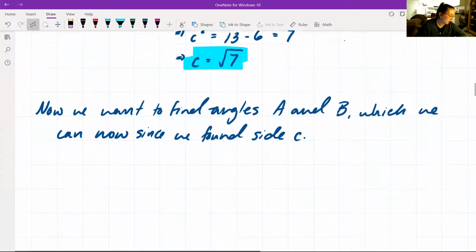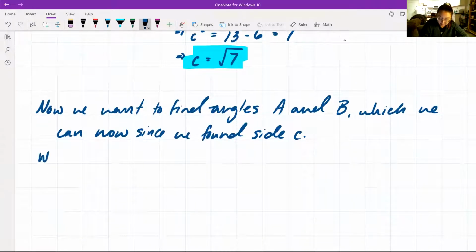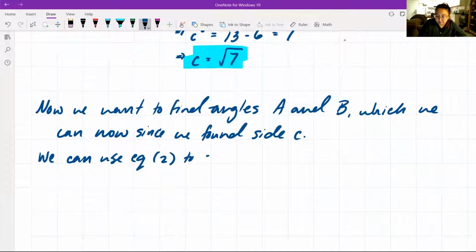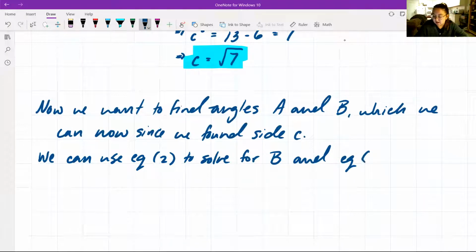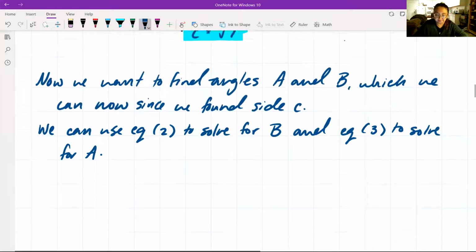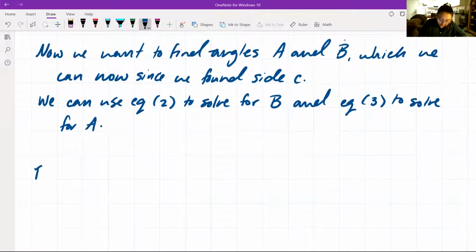So starting with A, we can use equation 2 to solve for B, because that is the equation that has the angle B, and equation 3 to solve for A, because that's the equation that includes our angle A. So let's just start with A.